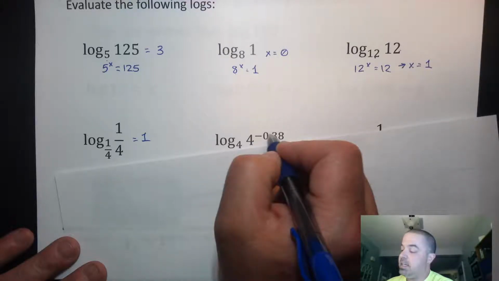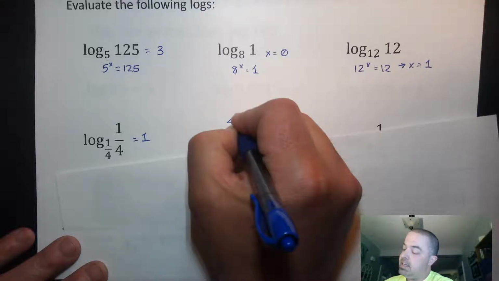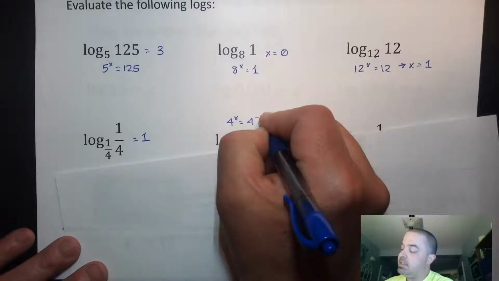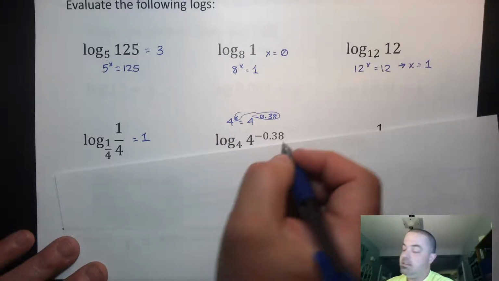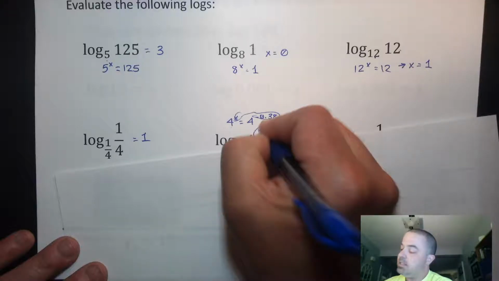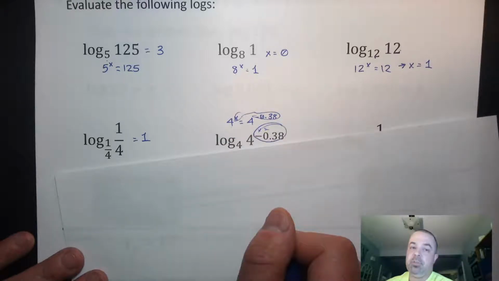Well, if I write that in exponential form, there's my base, here's my exponent of 4 to the negative 0.38. Everything's the same, so that means this is equal to that. So x equals negative 0.38. Okay? Hopefully that makes some sense.